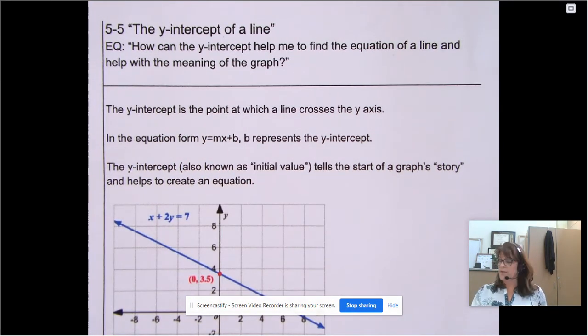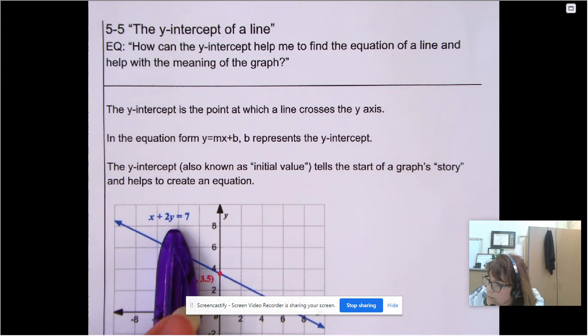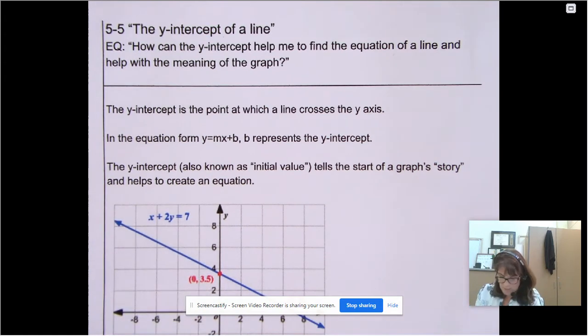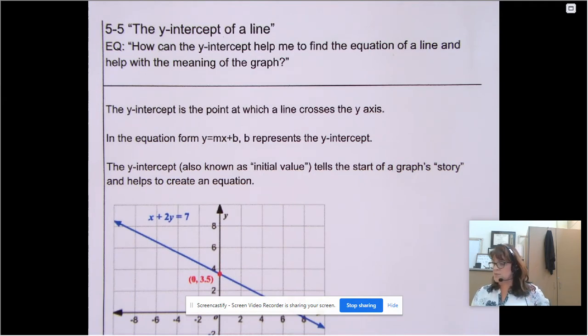So in this equation in your notes, x plus 2y equals 7, it's not in that format. So I'm going to give you a little preview, and I'm showing this on purpose, because it explains what's going on.